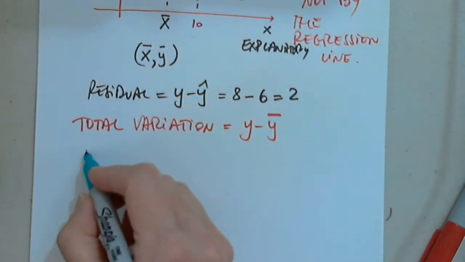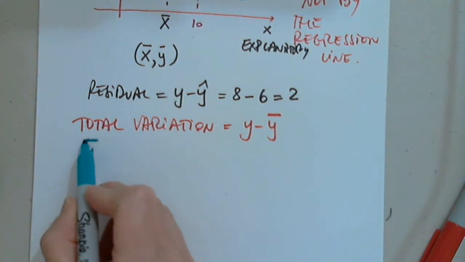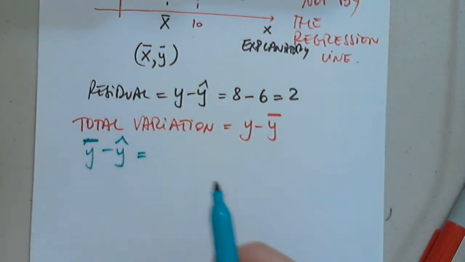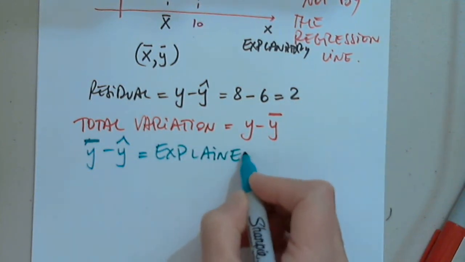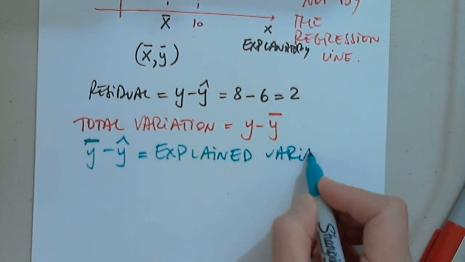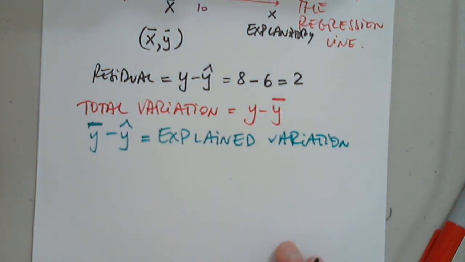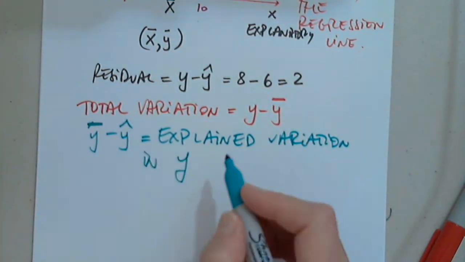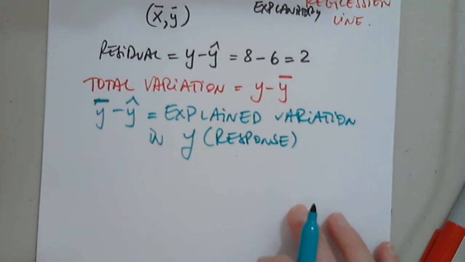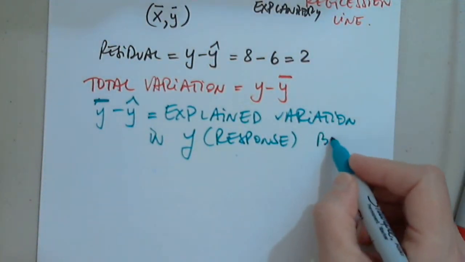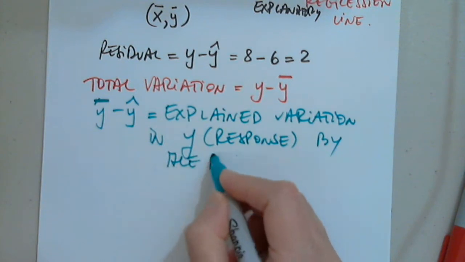So y bar minus y hat is the explained variation in y, which is the response variable, explained by what? By the regression line.